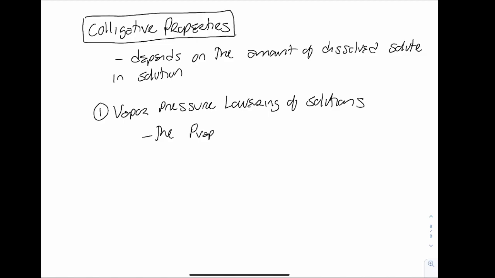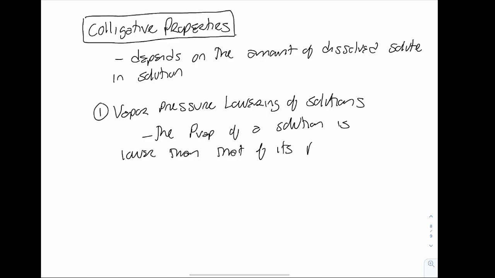So the vapor pressure, P-vap, of a solution is lower than that of its pure solvent. If it wasn't an aqueous solution, let's say it was a solution dissolved in carbon tetrachloride, then we would be comparing the solution to carbon tetrachloride.